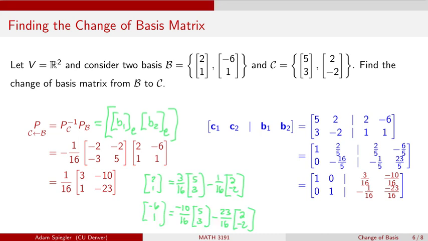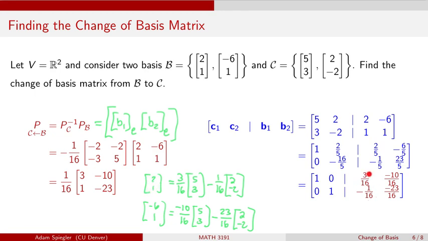And so, for example, the first column vector 2, 1 has C coordinates 3/16, minus 1/16. That's this first row of the change of basis matrix. You can check that if I take 3/16 times C1, 5, 3, minus 1/16 times C2, which is the vector 2, minus 2, this does give me 2, 1.